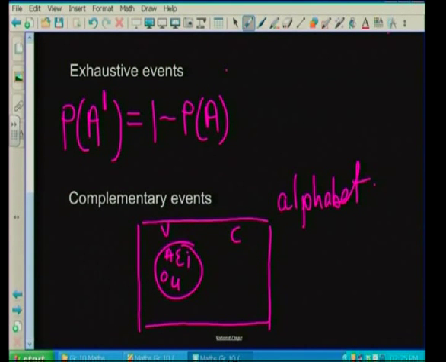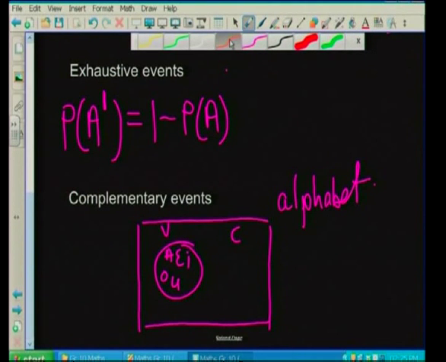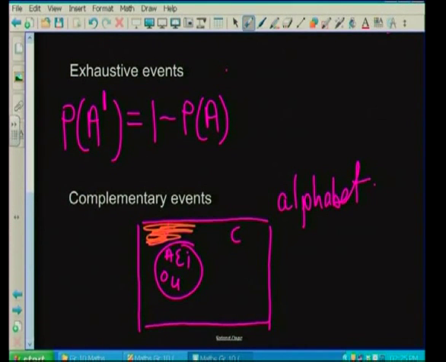So, for example, we've already said that if I have 2 sample spaces, vowels and consonants, that together they will give you 1. So I will say, if I have a look at this diagram, the complement of the vowels will be everything that is not vowels.